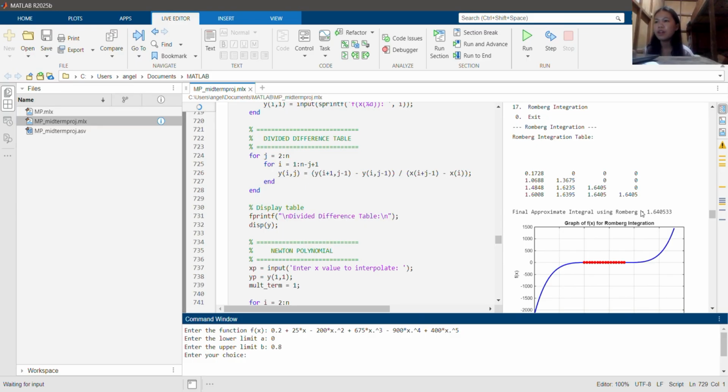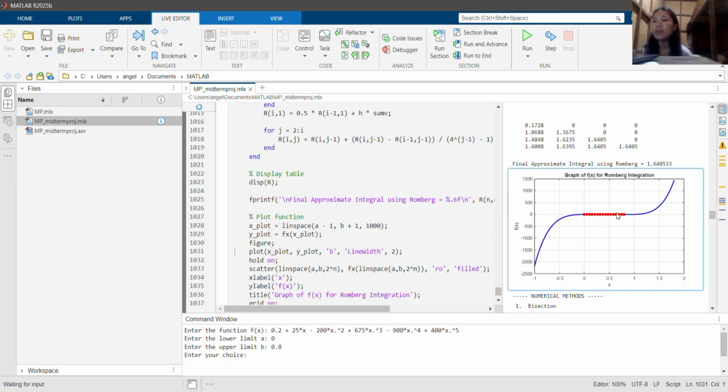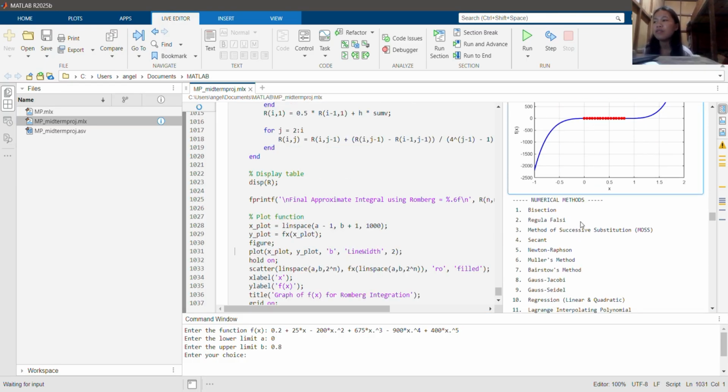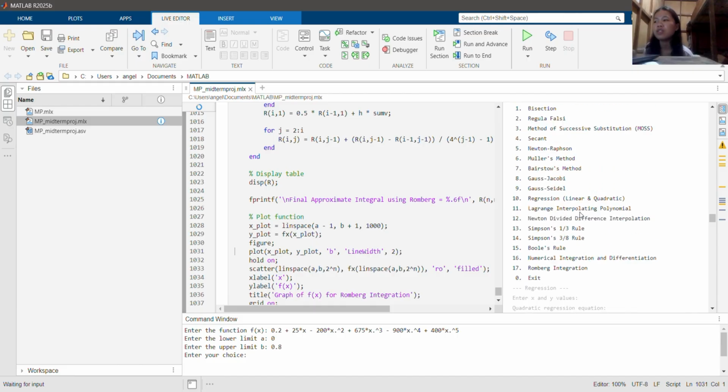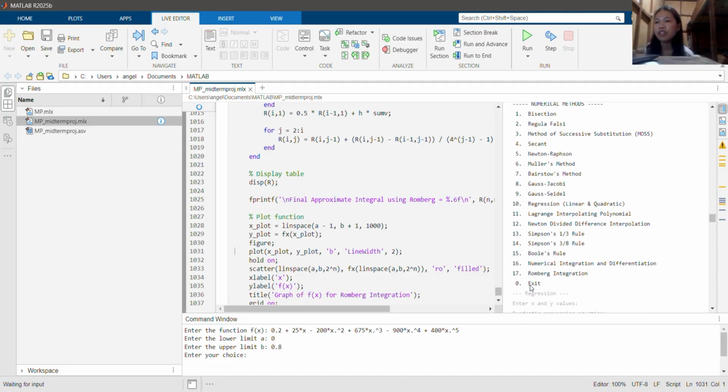Here's the Romberg integration table. The final approximate integral using Romberg is equal to 1.64053, and below it is our graph for the function of x for the Romberg integration.